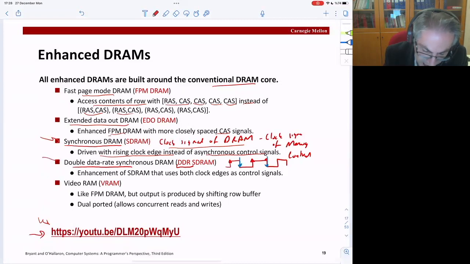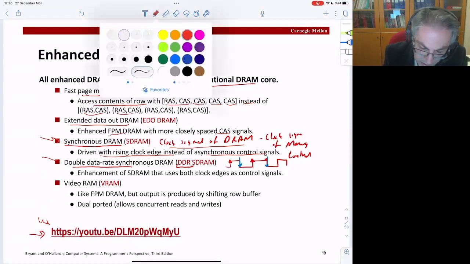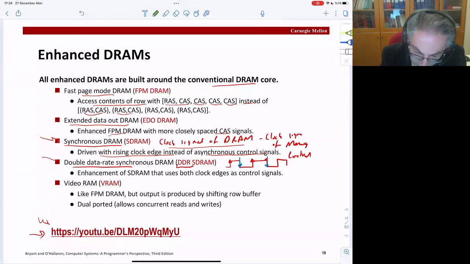Then we have DDR, double data rate synchronous DRAM, which is interesting because both clock edges are used, so we can do a read or write at the rising and the falling edge. And we have other variants, etc.